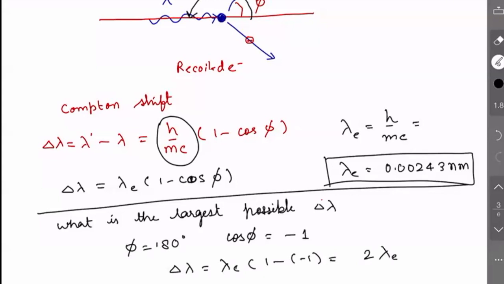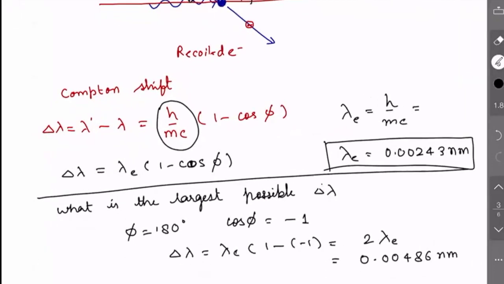We already know the value of lambda e, so we can write this as 0.00486 nanometer. Or, because it's a very small value, we can write it as 4.86 picometer, 10 to the power -12.